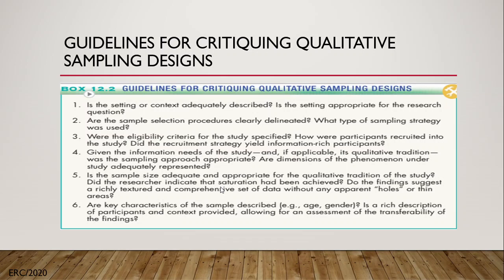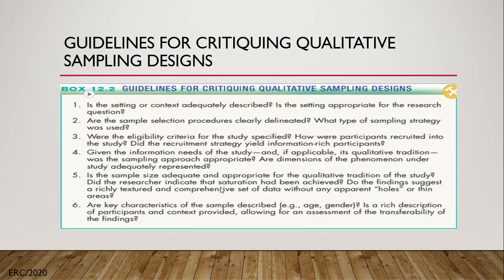Are dimensions of the phenomenon under study adequately represented? Or is the sample size adequate and appropriate for the qualitative traditions of the study? Or did the researcher indicate that saturation had been achieved? Or do the findings suggest a richly textured and comprehensive set of data without any apparent holes or thin areas?